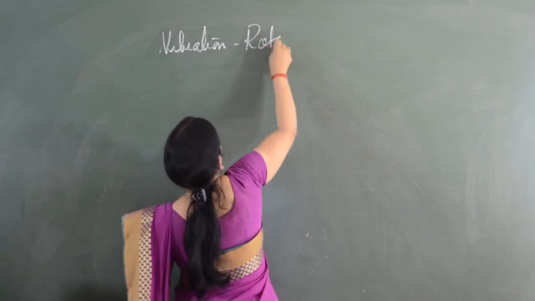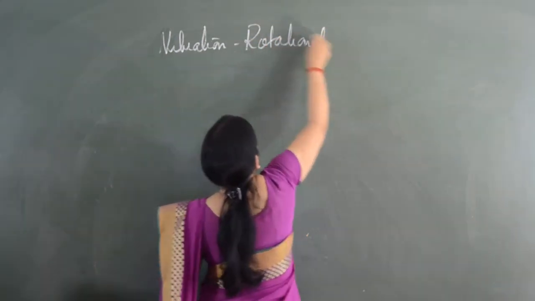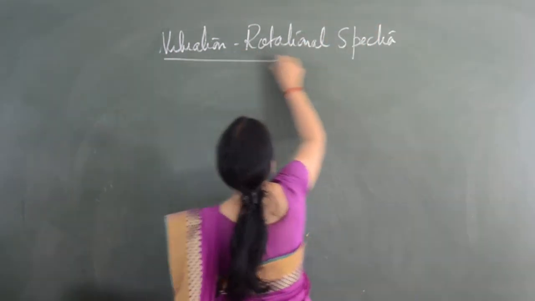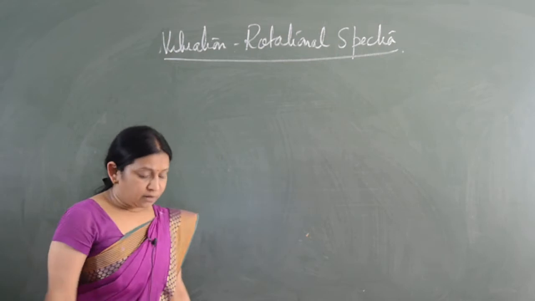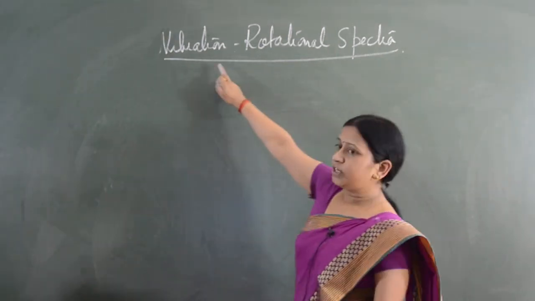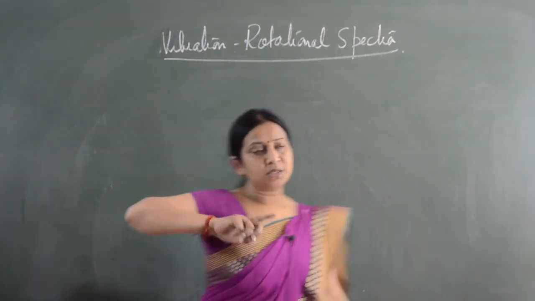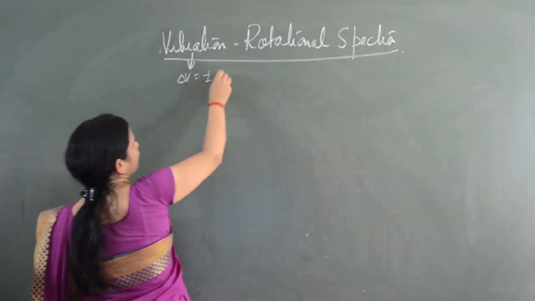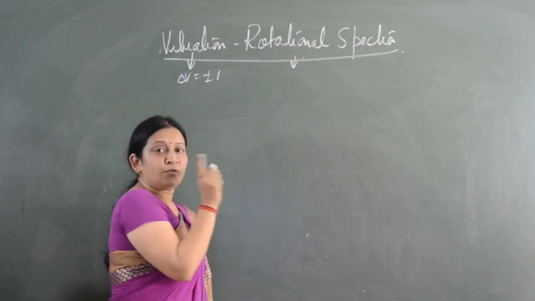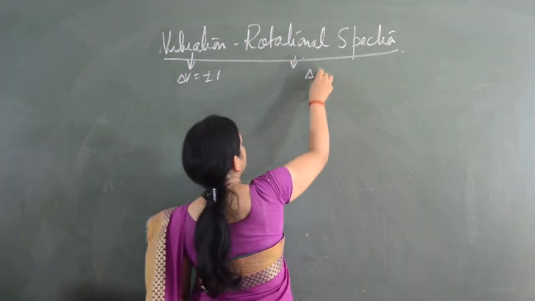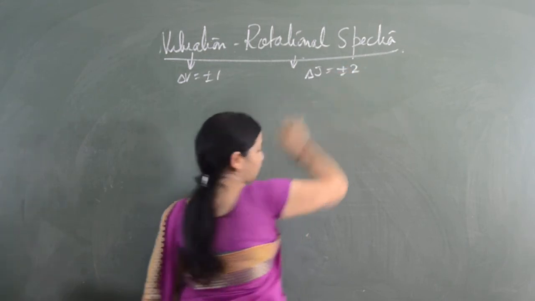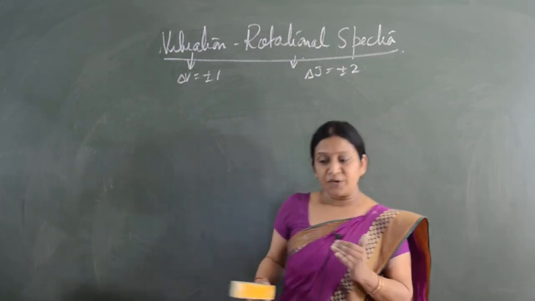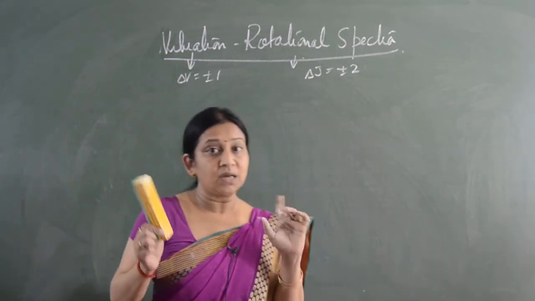Here for vibrational, the selection rule is delta V plus minus 1, and the selection rule for rotational is going to remain the same, delta J plus minus 2. In this spectra we are also going to show Rayleigh scattering, which is an elastic collision.